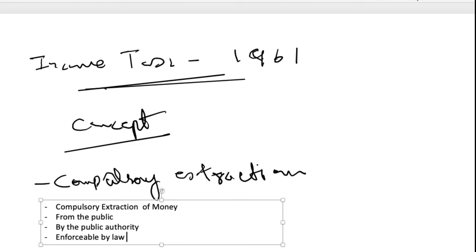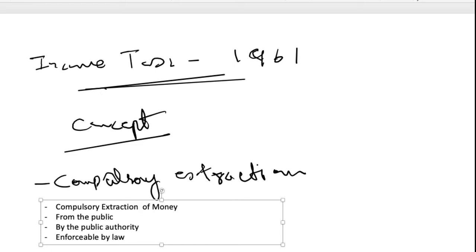If a tax is taken and it violates the rights of the citizen, definitely it is unconstitutional. Tax is a compulsory extraction of money by the public authority because the state is under an obligation to prevent the concentration of wealth.